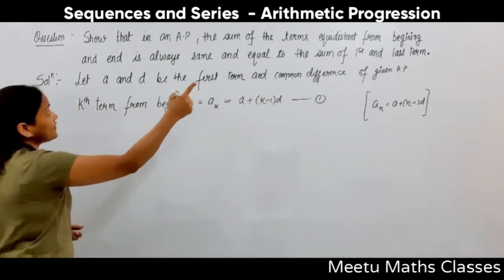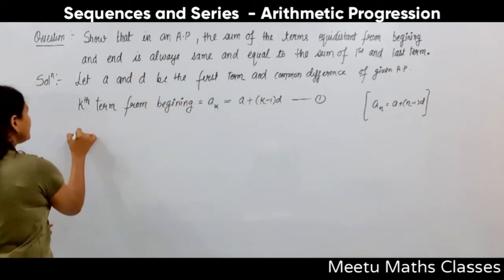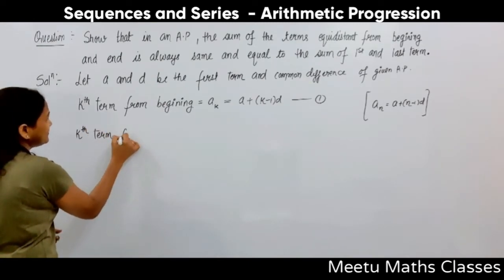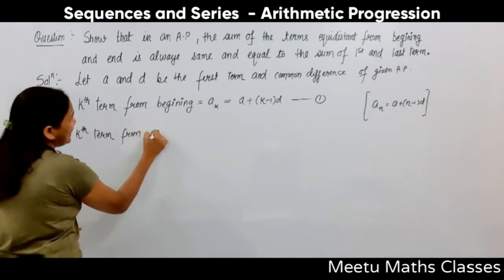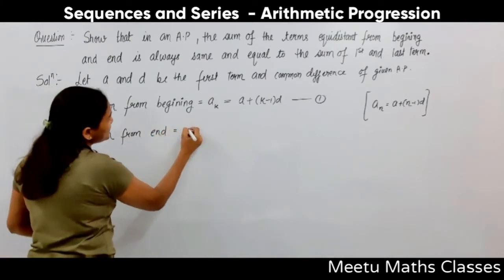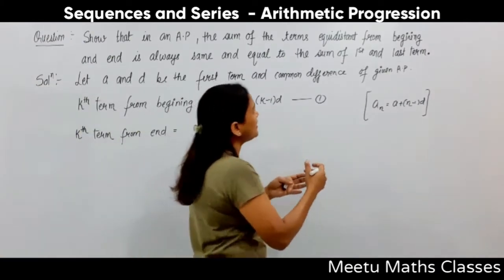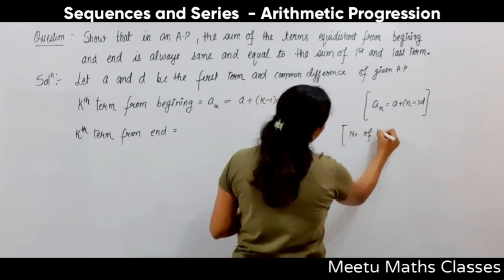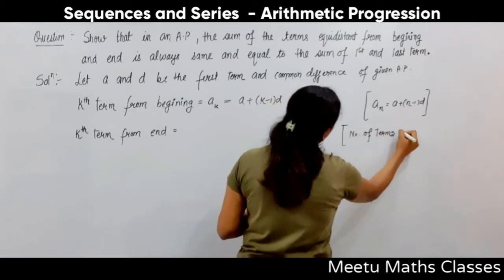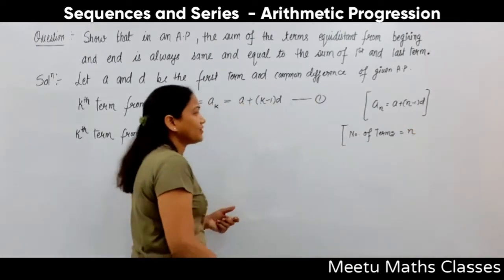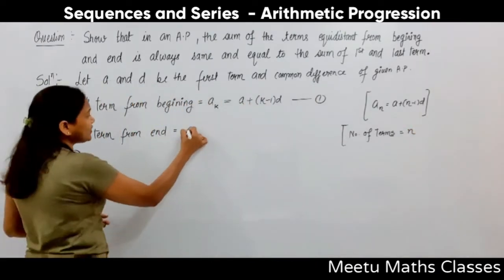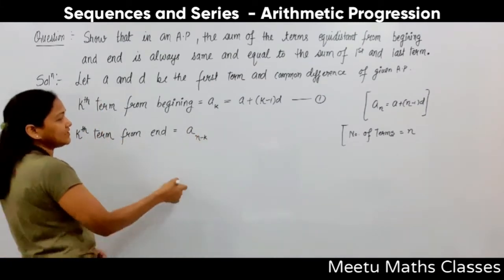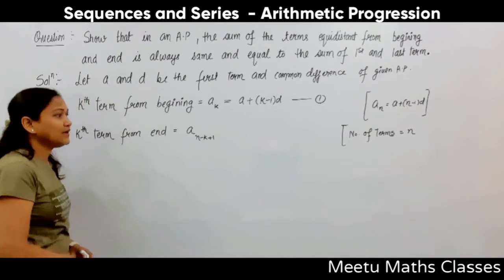Now we are supposed to find the kth term from end also. So kth term from end will be equal to, let the number of terms in this AP be n. Suppose n है आपका number of terms, तो total number of terms आपकी n है, उसमें से minus k किया क्योंकि आप पीछे से kth term देख रहे हो, इसलिए you have to plus 1.